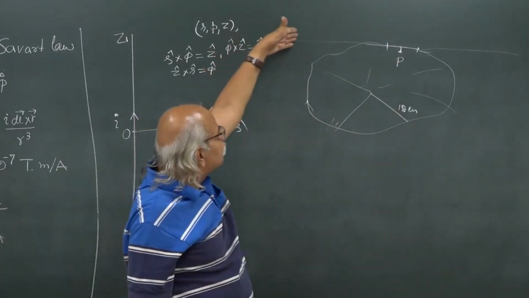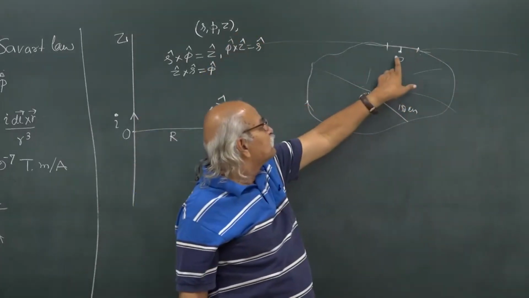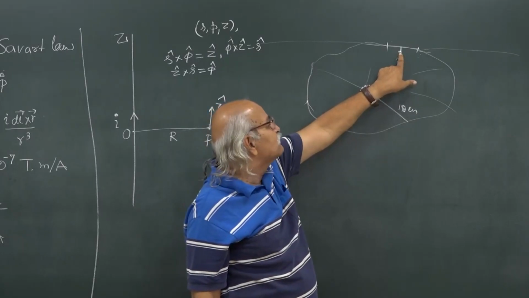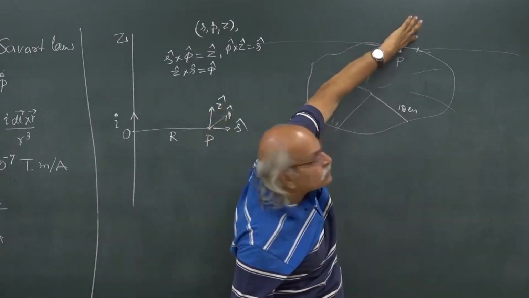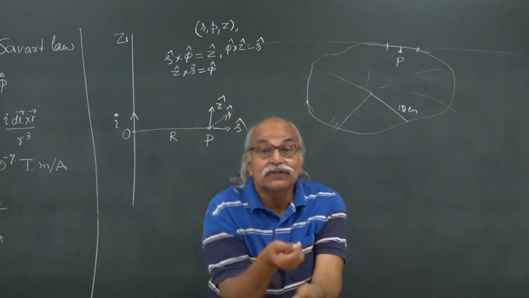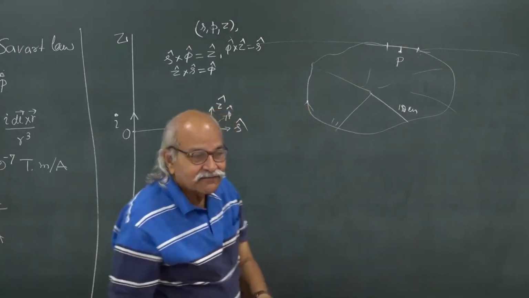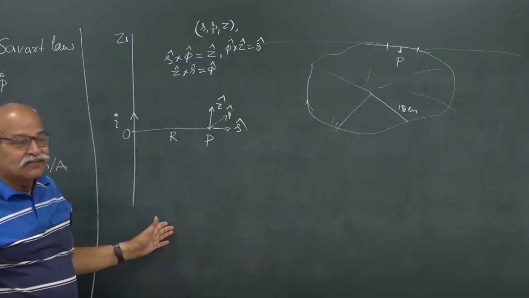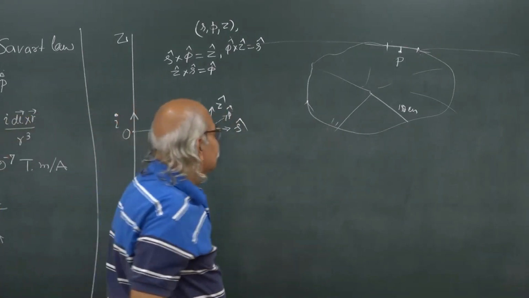If there was a current extended mentally from here to here, it would produce almost the same magnetic field as this part. So, to get the actual magnetic field in a circuit close to the wire, this formula will be applicable. That is the significance of this.